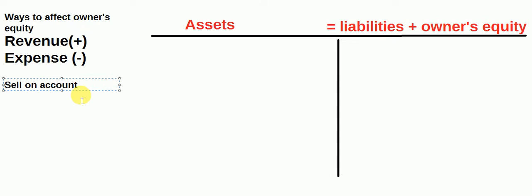When you sell something on account, the asset that is obtained is what we call the account receivable. Account receivable is an asset.